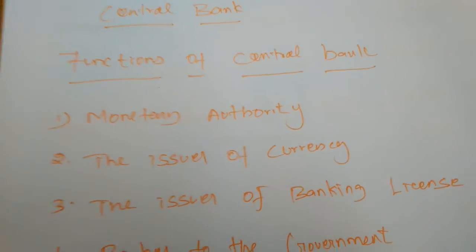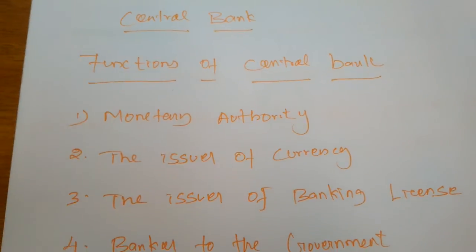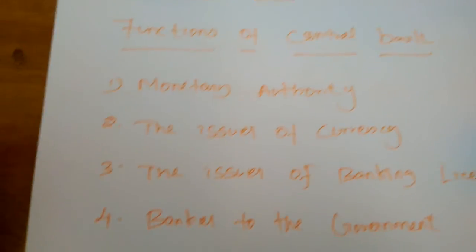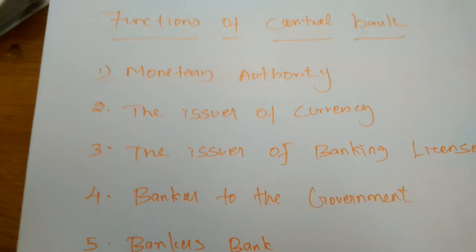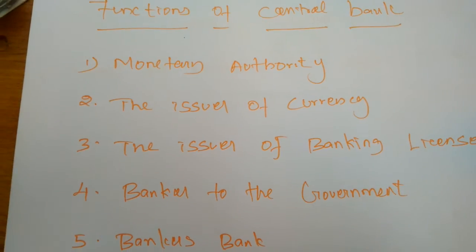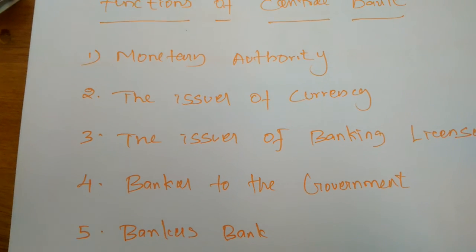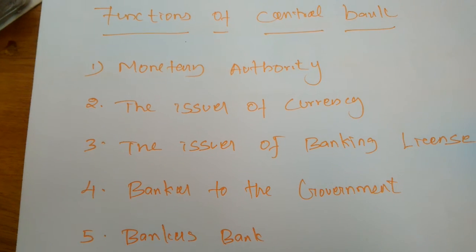Okay, we will see some of the functions of the central bank. What are the functions held by the central bank? First one is monetary authority. The central bank controls the supply of money in the economy. Why does the central bank have to control the money supply?